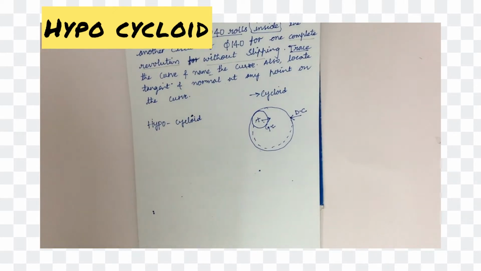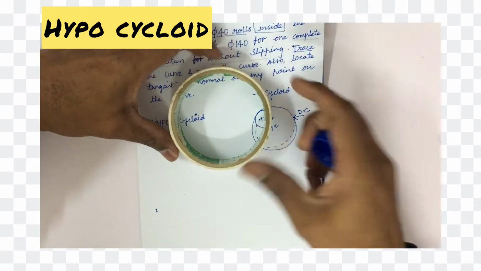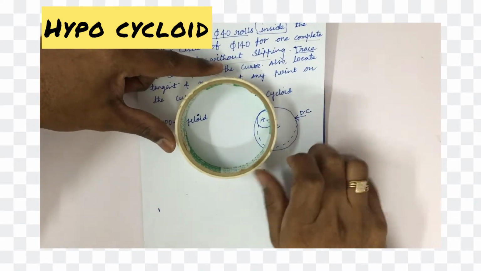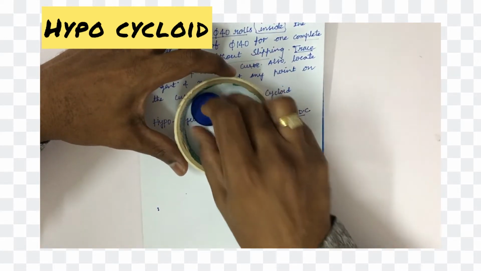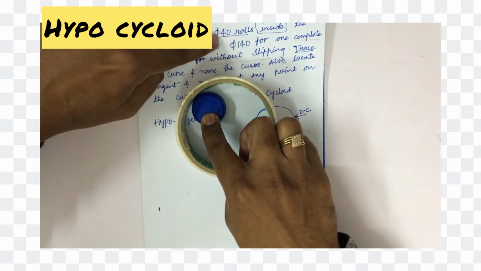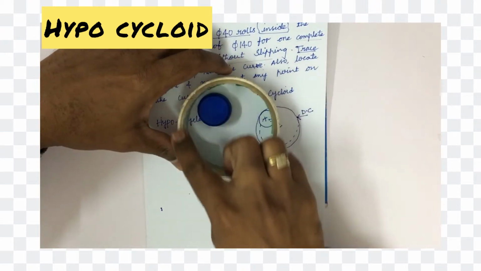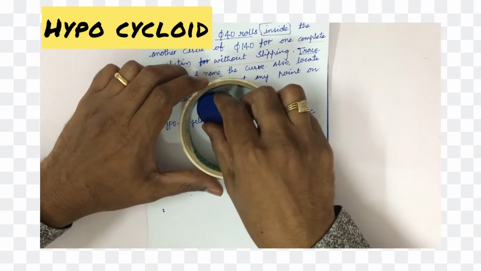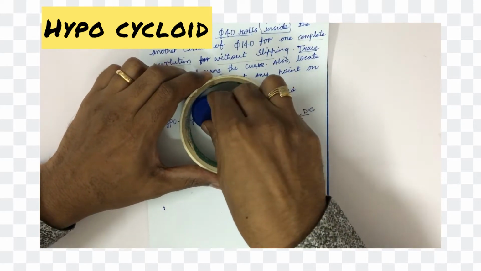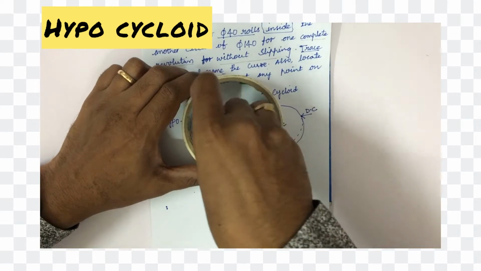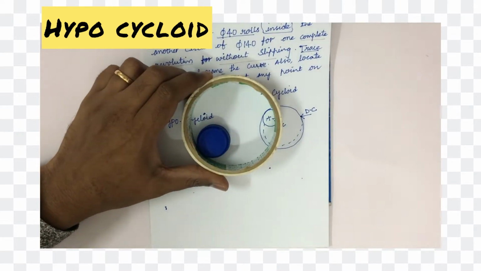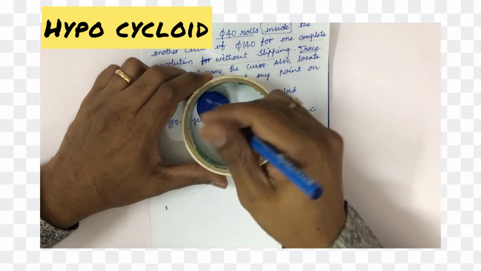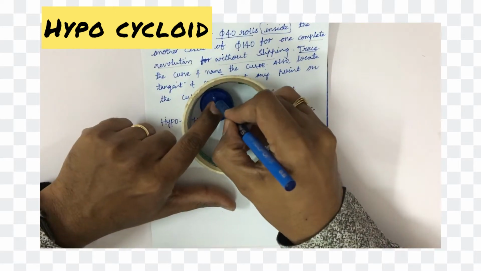Let's take an example. Let this be a directing circle, or the fixed circle, where we have another circle of a smaller radius, that is 20, and the bigger circle is of radius 70. This circle is going to move within the circumference of the other circle.